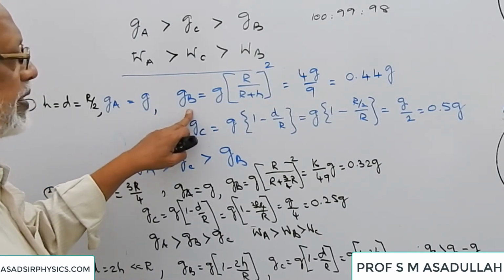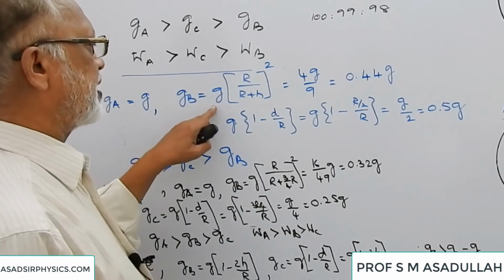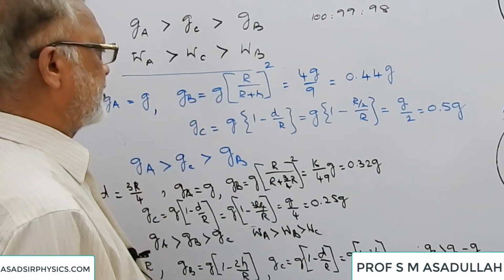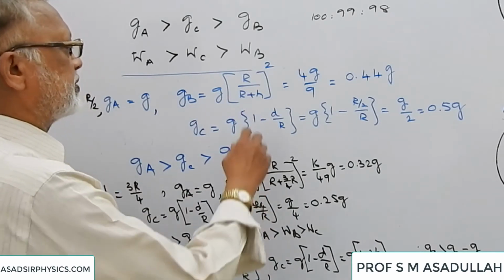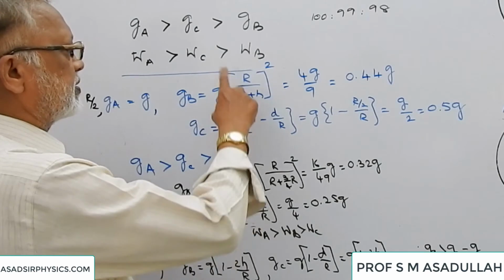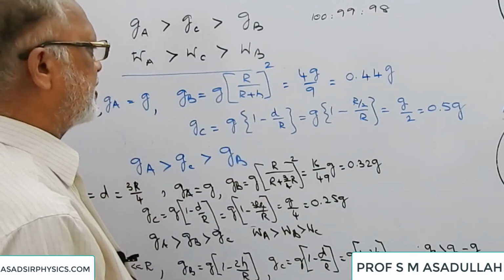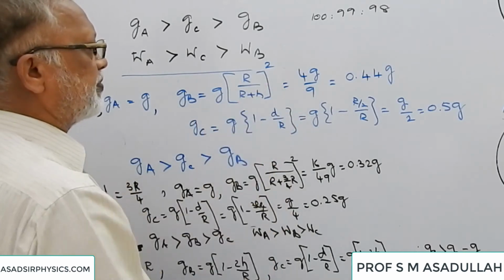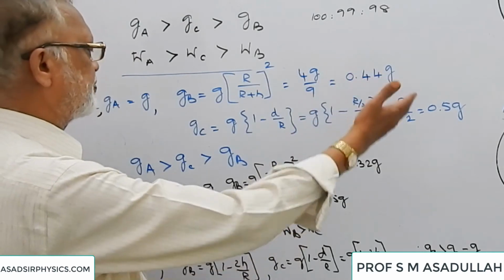To find Gb, we use the formula Gh = g(r/(r + h))². Here h is r/2, r plus r/2 is 3r/2, so that will become 2/3, r will get cancelled. On squaring that, it will be 4/9. So the acceleration due to gravity at B is 4g/9, which is 0.44g.